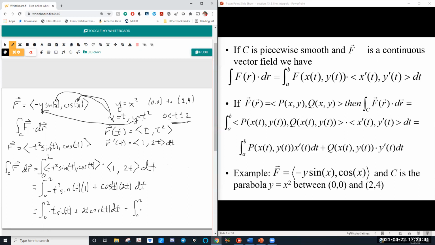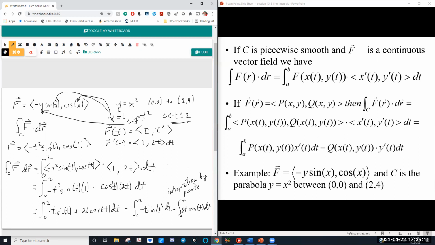We do the integral from 0 to 2 of negative t squared sine of t dt plus the integral from 0 to 2 of 2t cosine of t dt. And both these integrals would be done with integration by parts.